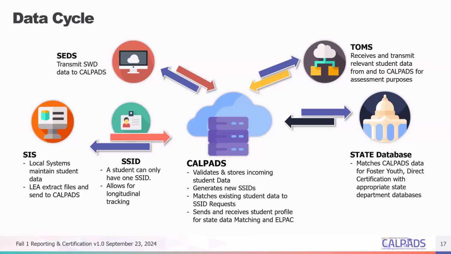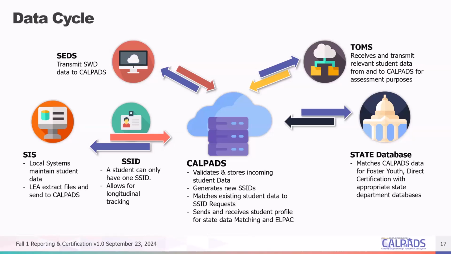And then CALPADS is a repository of data. It identifies anomalies, it validates incoming data, it generates new SSIDs, it sends data to TOMS for ELPAC testing or SPAC testing. And TOMS in turn provides information such as the EL or IFEP status for those students who go in as TBD, get tested.